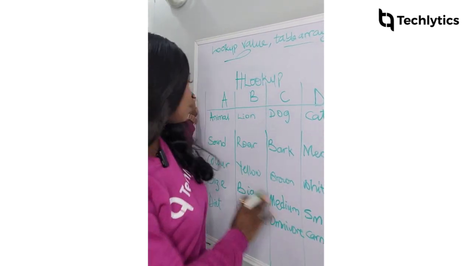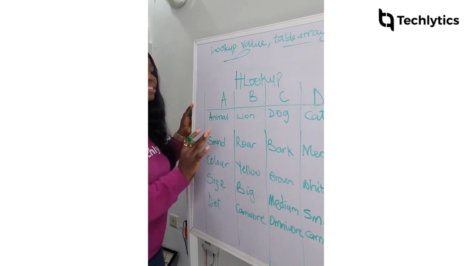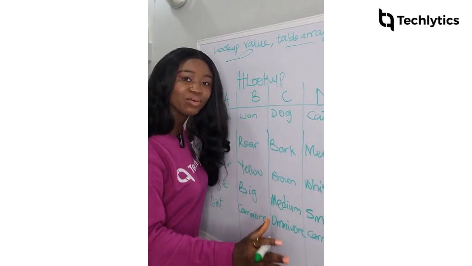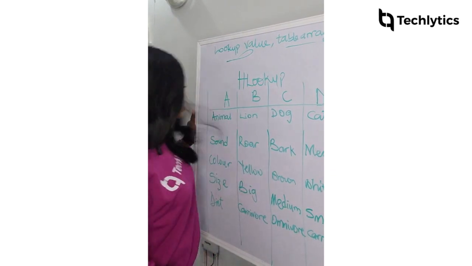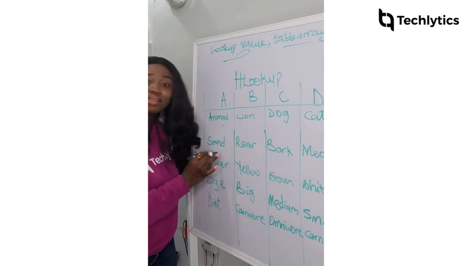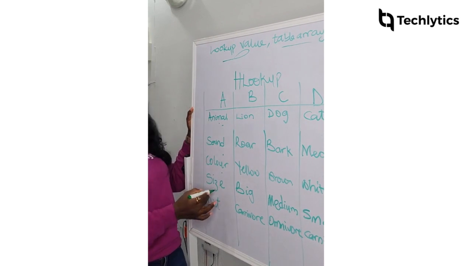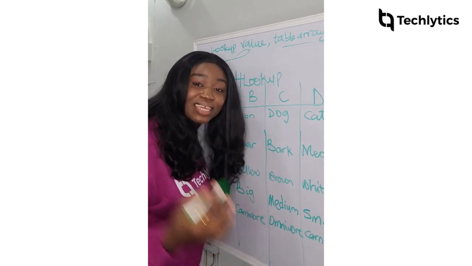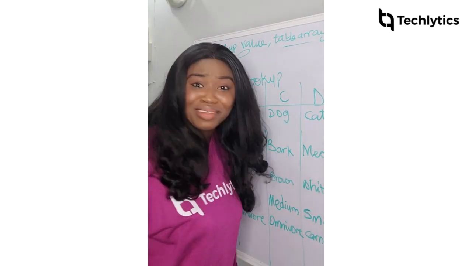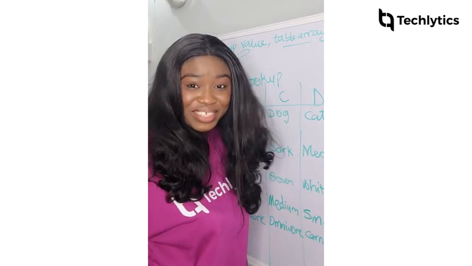So let's look at this table. This table basically lists some animals and their characteristics. It tells us the name of the animal, the sound it makes, the color, the size, and their diet, whether it's a carnivorous, omnivorous or herbivorous animal.